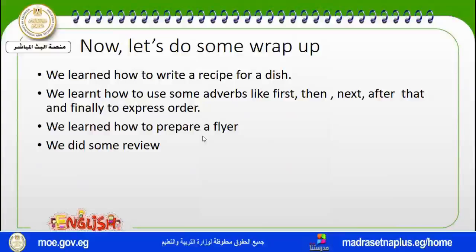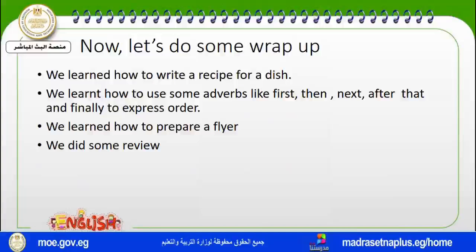So now we came to the end of our session today. Let's remember what we have already covered in this session. Yes, we started by learning and writing a recipe for a dish. Remember, we had two recipes for two traditional Egyptian dishes.